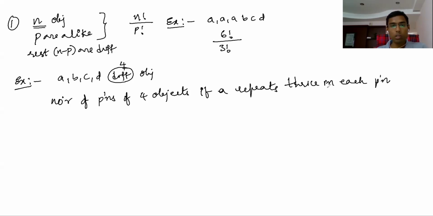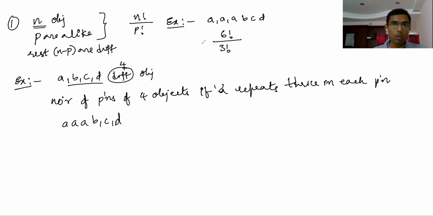A repeats thrice means A should be taken 3 times, then B, C, D you have to take.